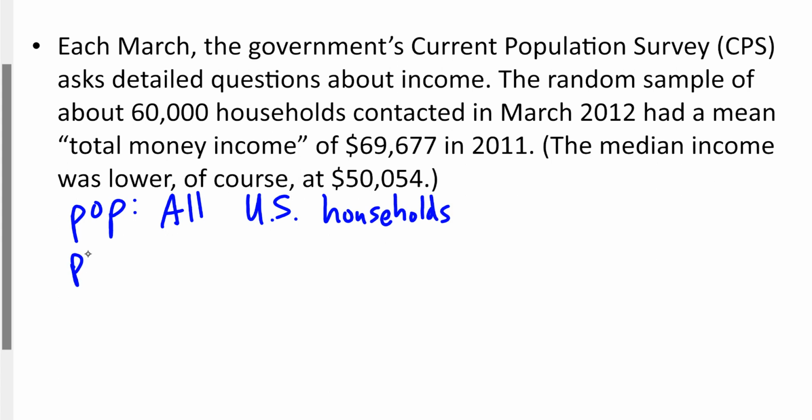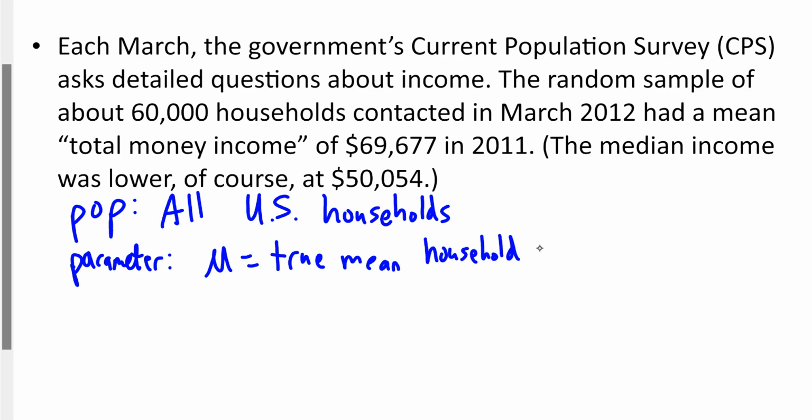What is the parameter that goes along with it then? Talking about mean income. So our parameter would be mu equals the true mean household income. Not the estimated, the true.